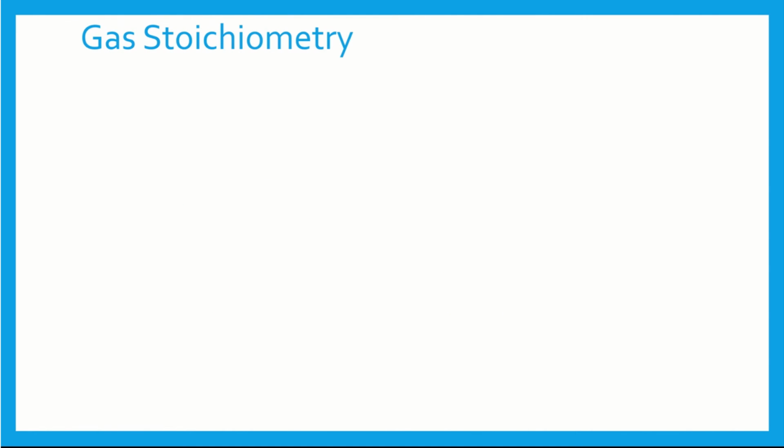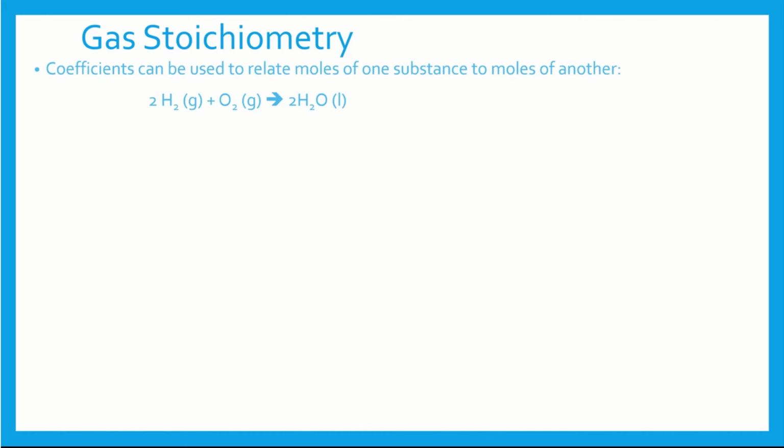All right, now, more importantly, gas stoichiometry. Knowing the exact volume that a gas will occupy allows us to go from volume of gas to moles of gas, which allows us to go to stoichiometry. Anytime we have moles, we can use stoichiometry.